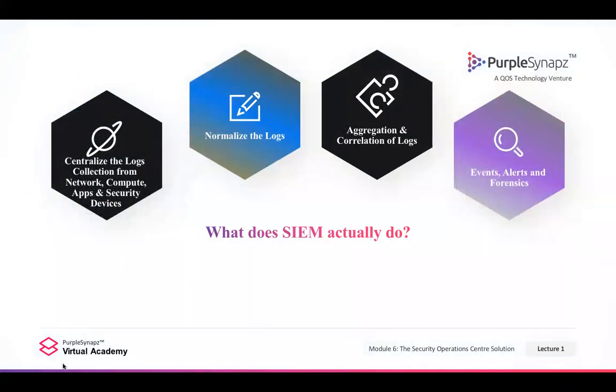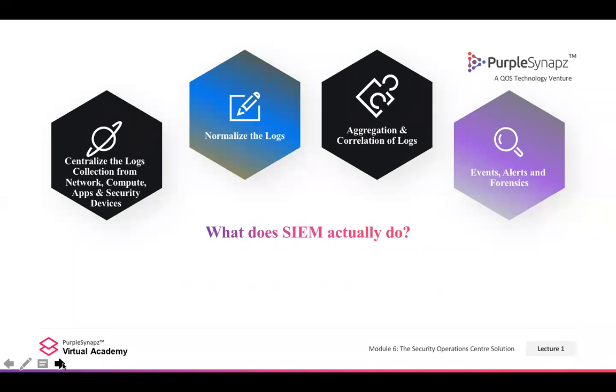This explains the SIEM in detail. But if somebody asks me very quickly, okay, define what actually a SIEM does, this is what I will summarize. Centralize the logs from network, compute, apps, security devices. We have seen that.